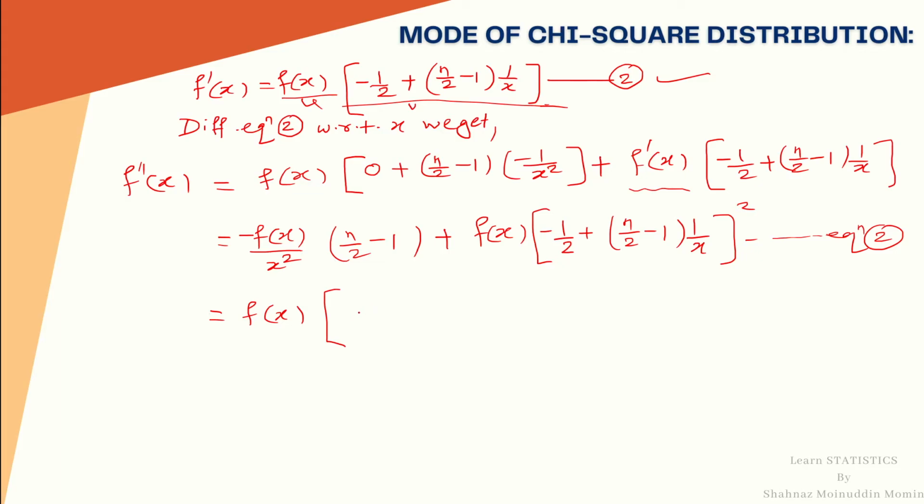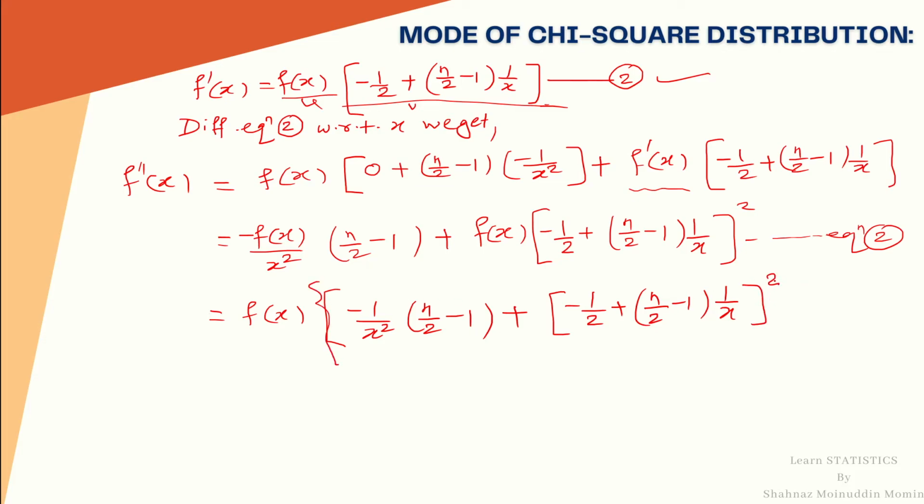Then this is minus 1 upon x square into n by 2 minus 1 plus minus 1 by 2 plus n upon 2 minus 1 upon x, whole square, bracket complete.